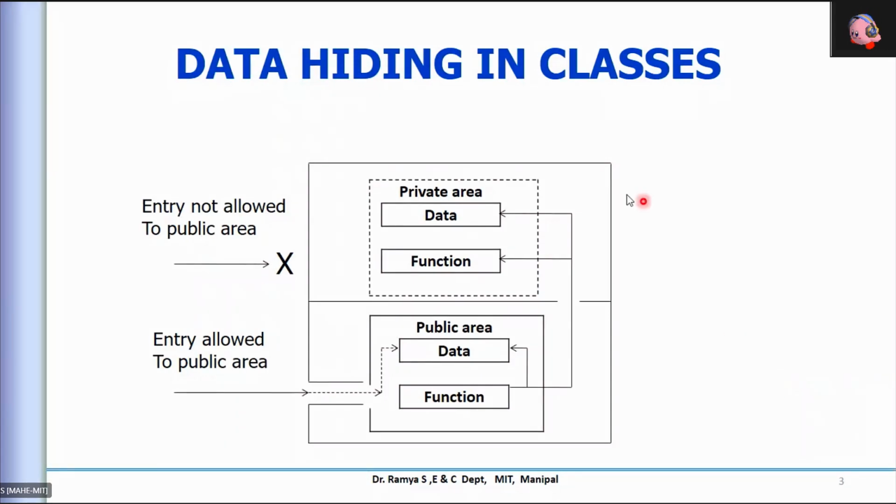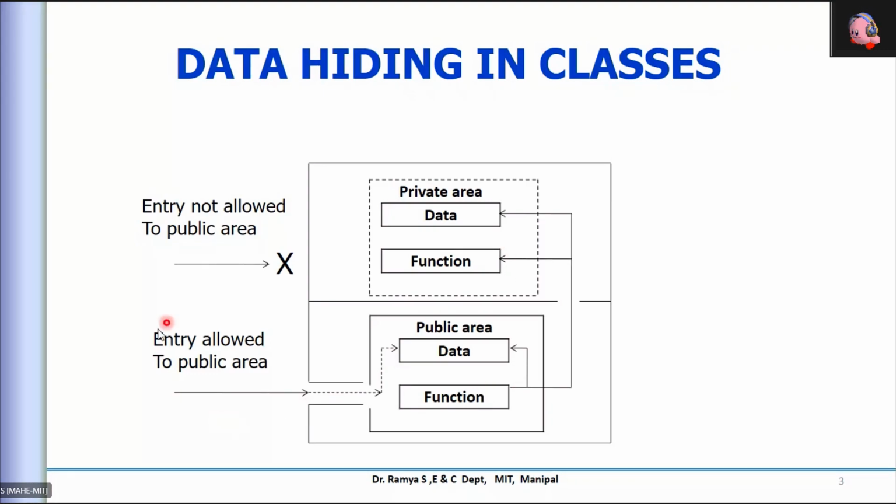This is the one diagram which I'll be showing you in many classes. Whenever you declare a class, it will be the container for us. You can think of partitions for the data, how you can declare them and how the function can be accessed. All your data declared in a private area can be accessed through the public functions.